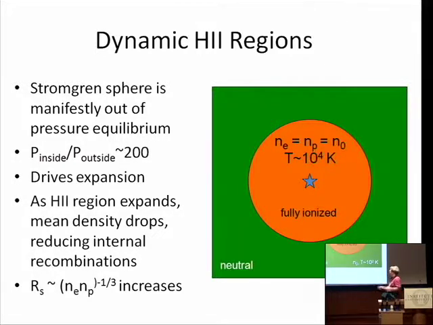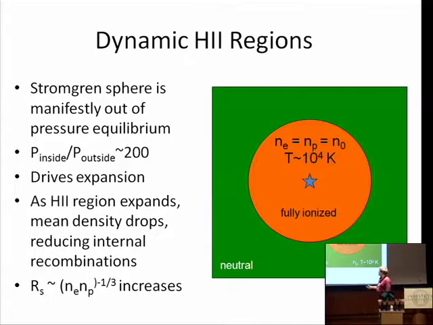Say this is the neutral hydrogen near molecular clouds. Now it's photoionized the gas up to 10 to the 4 Kelvin. It's taken each one of these neutral hydrogens and turned them into 2 particles. So now the pressure inside to outside ratio is 200: 100 from the temperature and 2 from the particles.